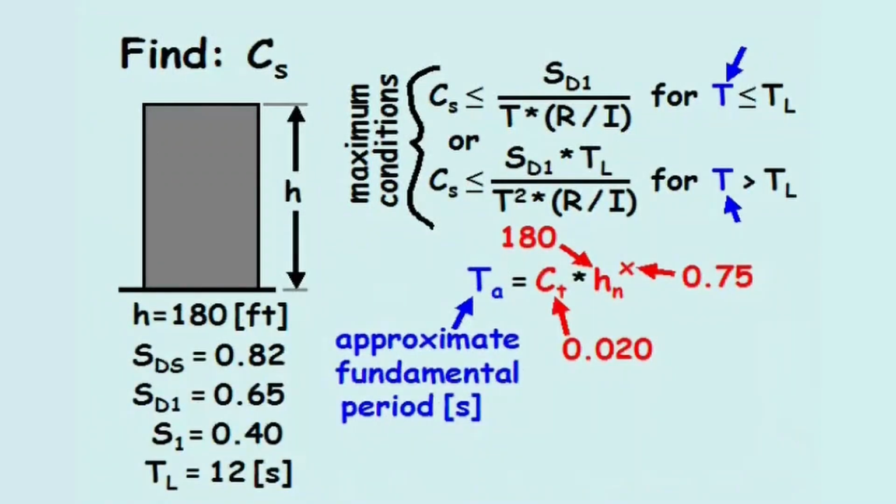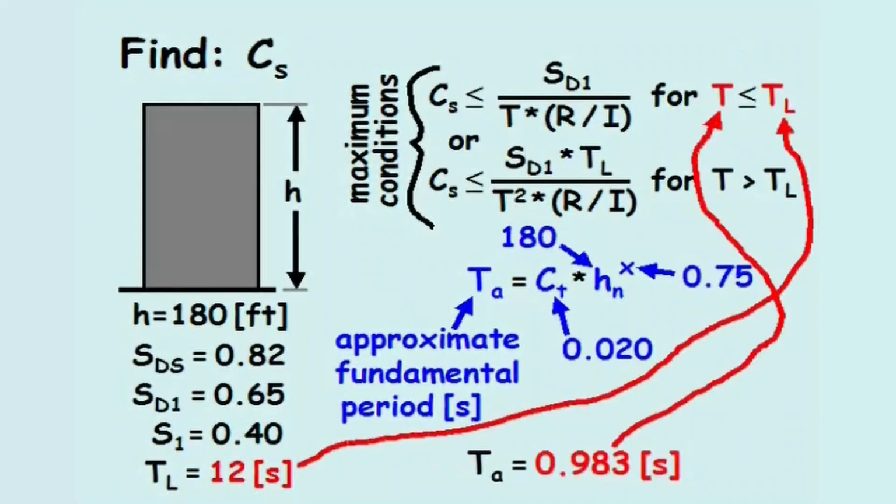After plugging those values in, the approximate fundamental period equals 0.983 seconds, which is less than 12 seconds. Therefore, we'll use the first equation as the upper bound for the seismic response coefficient.